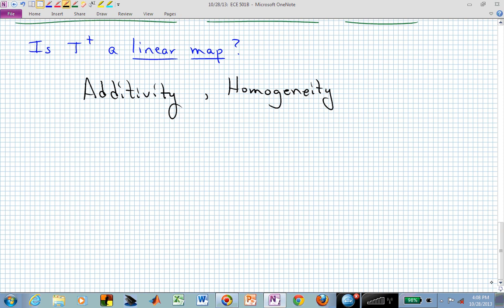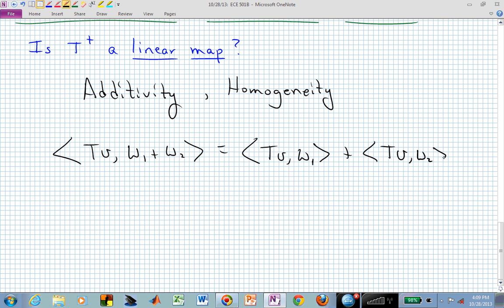So let's look at those two in turn. In terms of additivity, suppose we have TV inner product with W1 plus W2. Well, because of additivity in the second slot, that's equal to the inner product of TV with W1 plus the inner product of TV with W2.